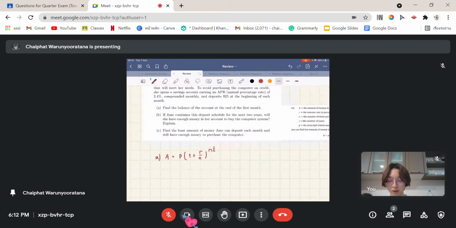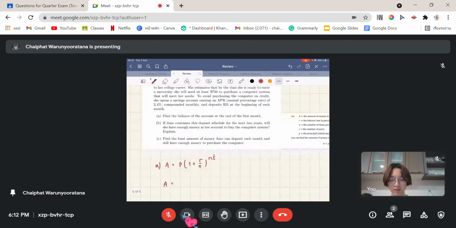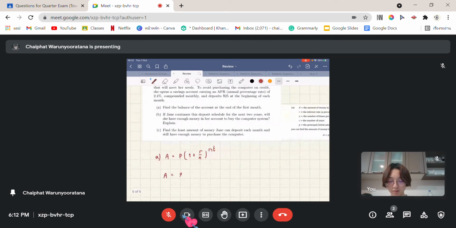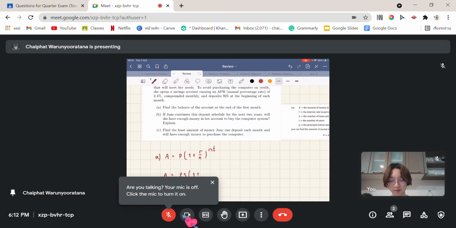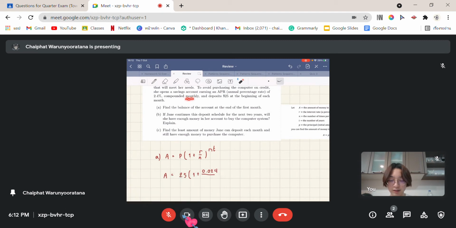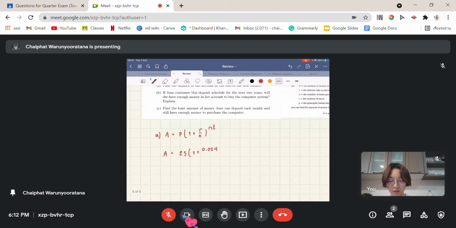So right now we are going to find A, and we know that she deposited $25, so P is going to be 25. The annual percent rate is 2.4% or 0.024, and it is compounded monthly. This means that it will be compounded 12 times in 1 year. So n is going to be 12.